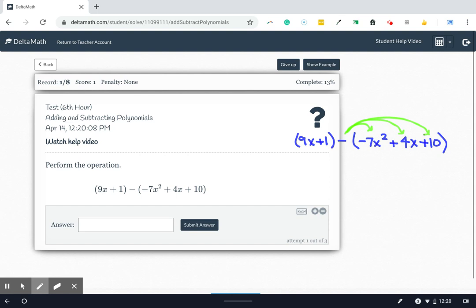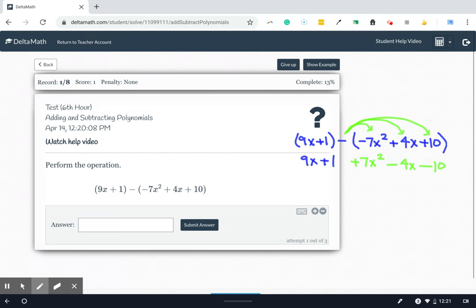So when we do that, the negative on the -7x squared becomes a plus 7x squared. And the negative on the 4x becomes a minus 4x. Same thing, the negative on the plus 10 makes it a minus 10. Do not touch the first parentheses, because those are just going to chill on their own.